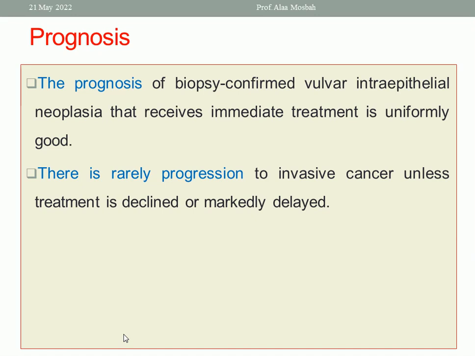So please don't lose time by saying this is just inflammation, this can be treated with anti-inflammatory or other lines of treatment and so on, and neglecting to think about vulvar intraepithelial neoplasia. Because if you diagnose the case by biopsy and you give the patient the proper treatment by excisional procedure or ablation, the prognosis will be good.